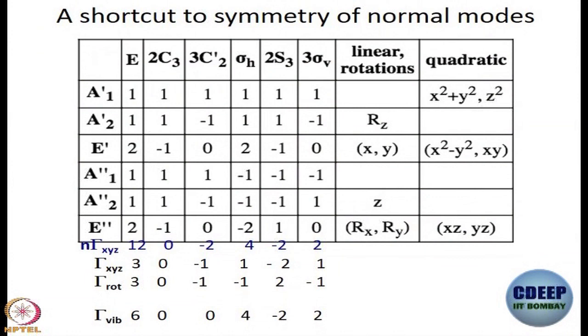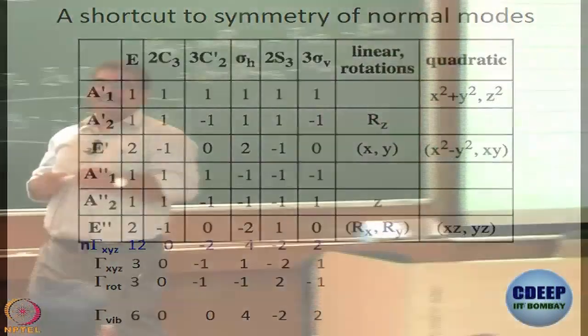Look at the character table. What does E dash contain? X, Y. That means X and Y are not separable. They transform together. But X is one coordinate, Y is one coordinate, right? So, it has 2 coordinates. Similarly, whatever normal mode of vibration you have, there are 2 in each E dash. We have accounted for not 3, but 5.